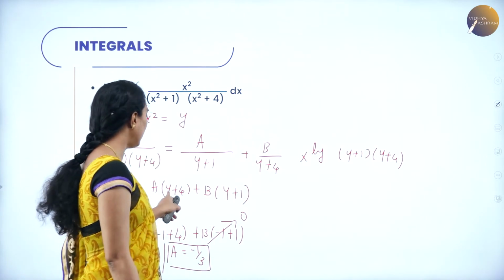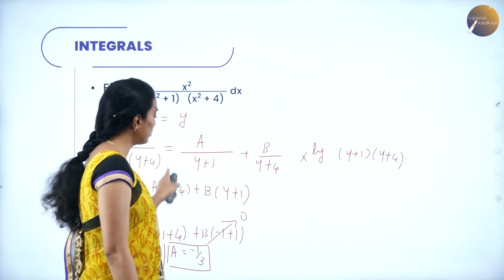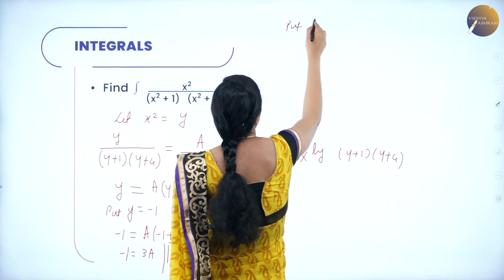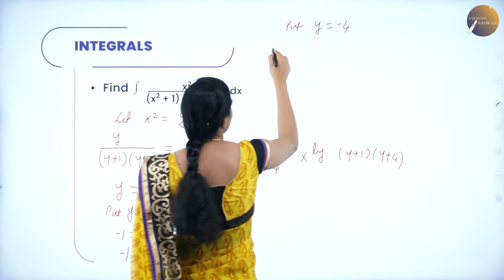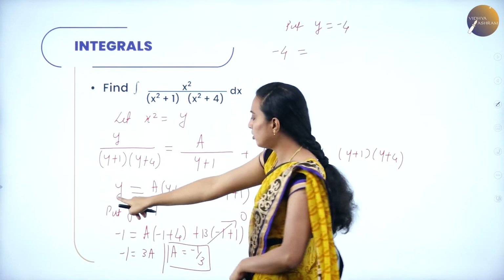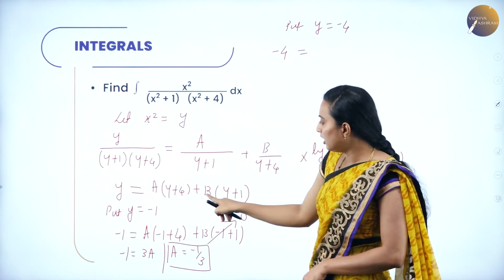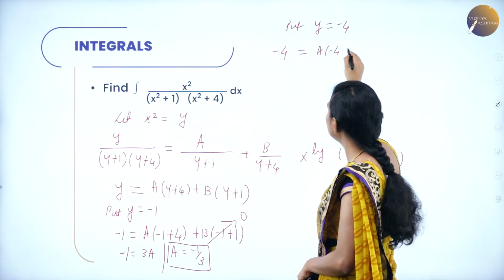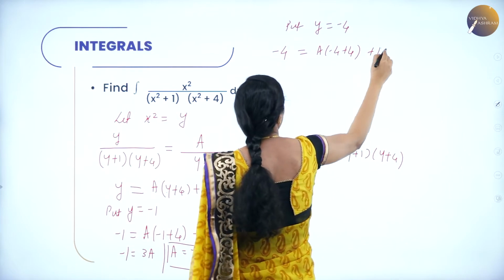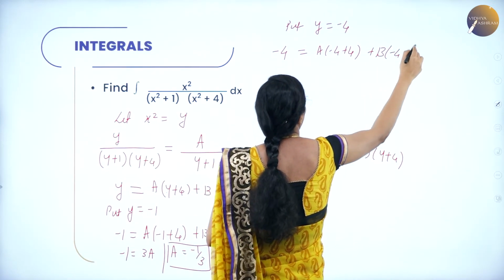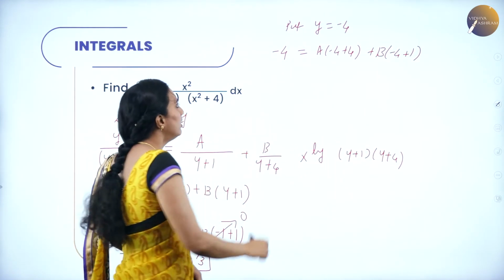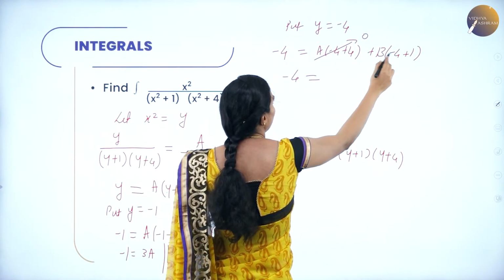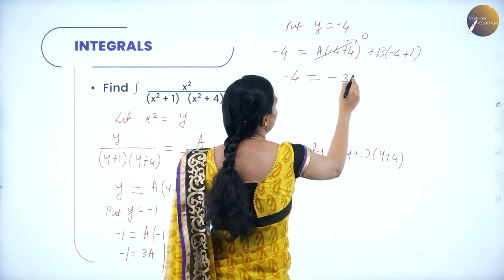Now let y be equal to minus 4, so that you are going to get the b value. So put y equal to minus 4. Minus 4 on the left hand side. Here minus 4 plus 4 will get cancelled. So a into minus 4 plus 4, again plus b into minus 4 plus 1, isn't it? Now this will become 0. Minus 4 is equal to minus 4 plus 1, which is minus 3b.